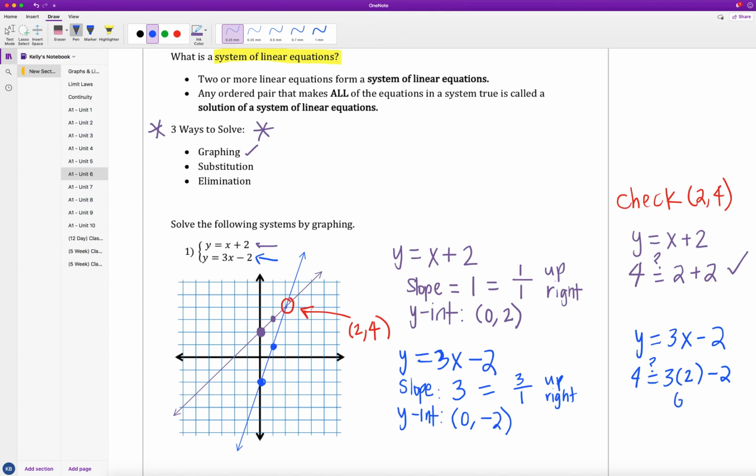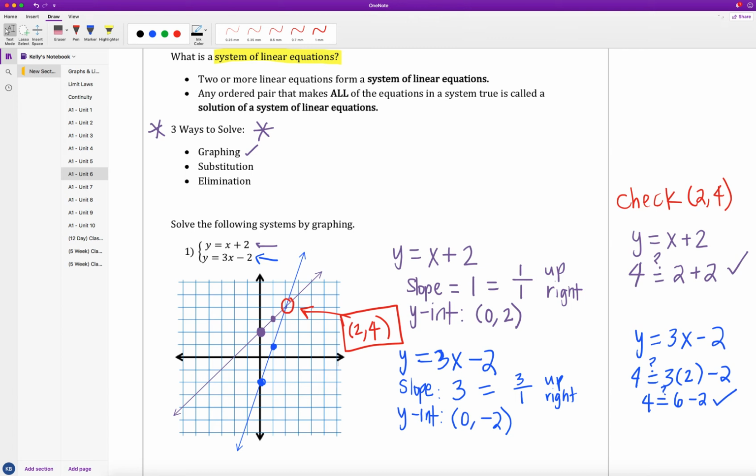If I simplify the right-hand side, we get 6 minus 2, and we're asking ourselves, does that equal 4? And indeed it does. So 2, 4 is our final answer then, because that's where our two lines did indeed intersect, and we check that by substituting it into both equations and making sure that the answer gave us a true statement.